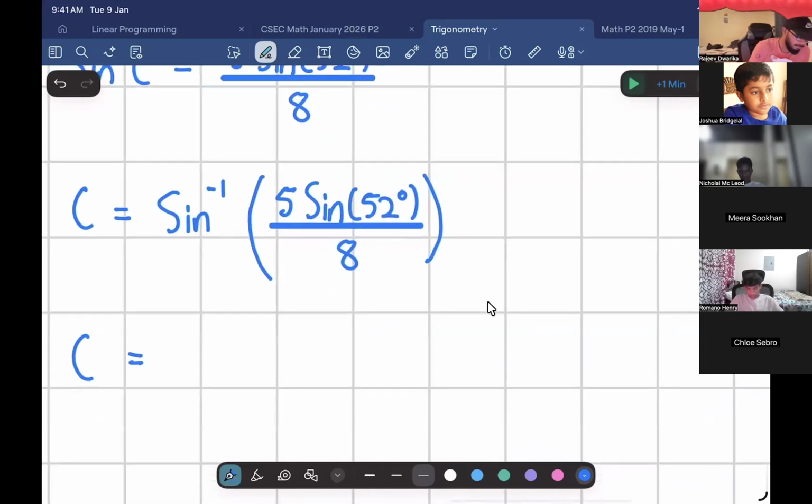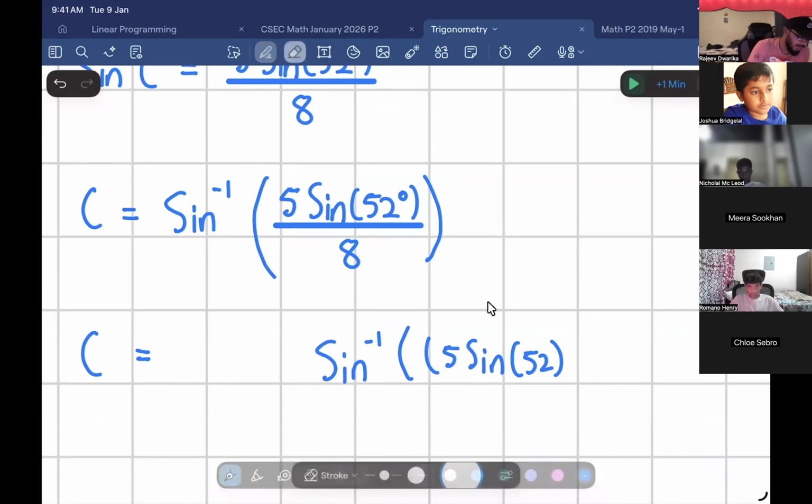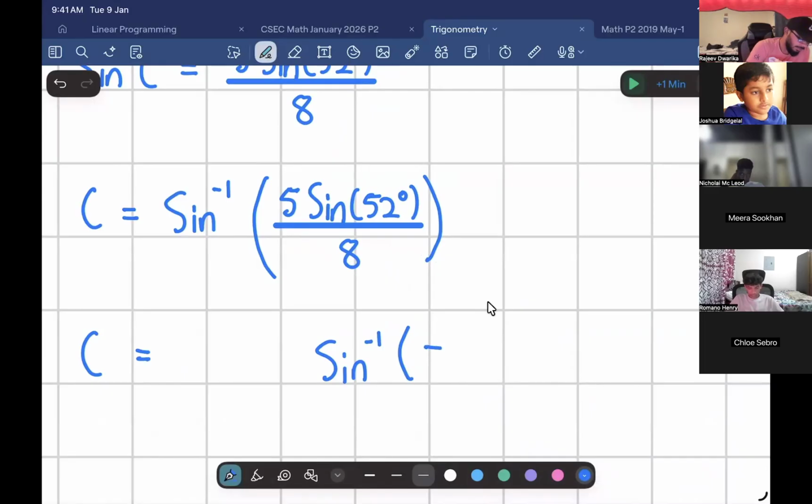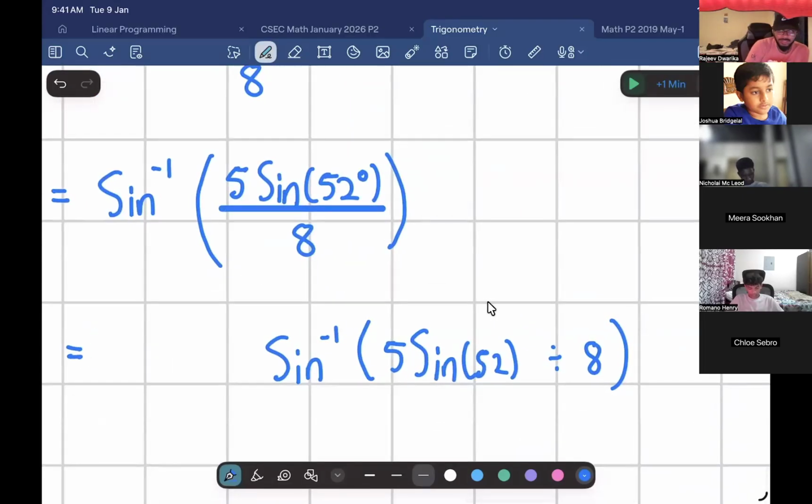If you have a Sharp and you want to plug this into the calculator, you press sine inverse, open bracket, 5 sine open bracket 52 close bracket. Actually, you don't have to do all of that. I think the Sharp calculator is smart enough. Put 5 sine 52 divided by 8. Sharp users, plug this into your calculator and let me know what you get.